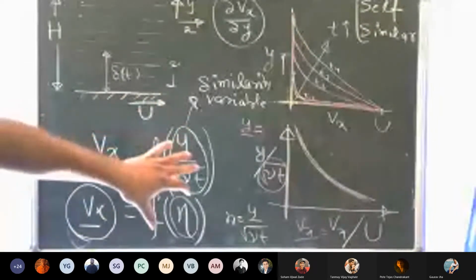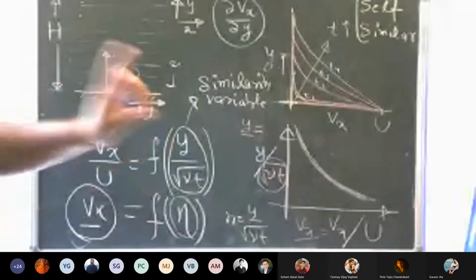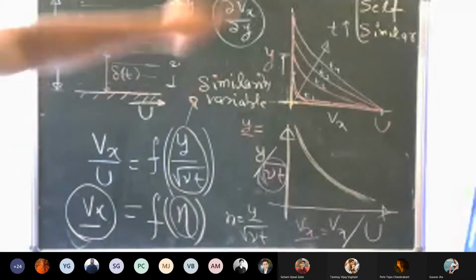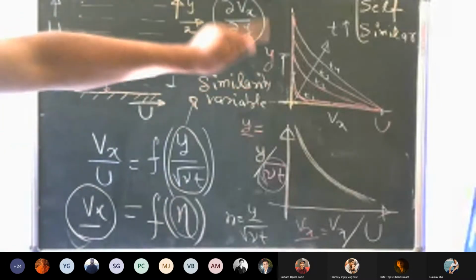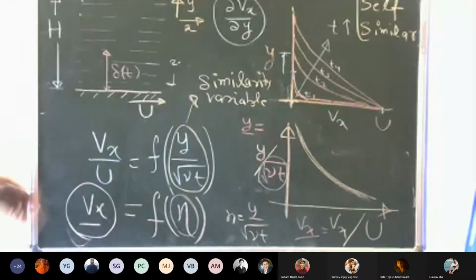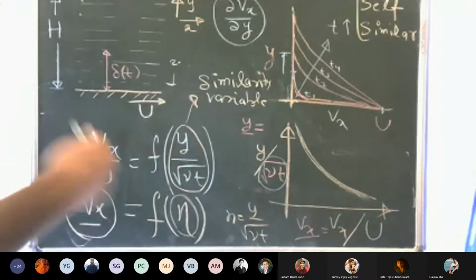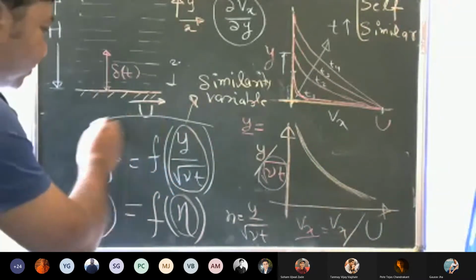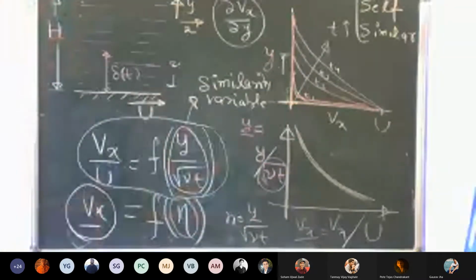You are combining y, the space, and time to create one single variable, eta. Okay, and this is called similarity variable, because we will see these curves are self-similar, because after this treatment we'll get a master curve, and the master curve equation will be this. We will see what the functional form will be, that is still to be revealed.